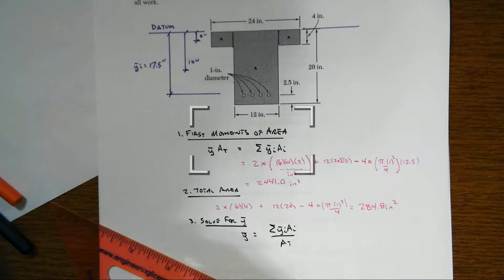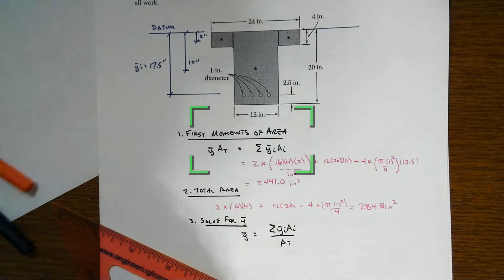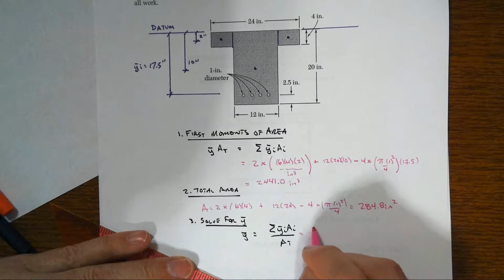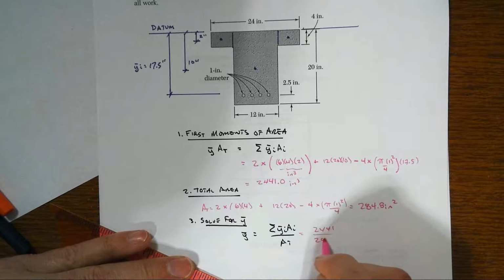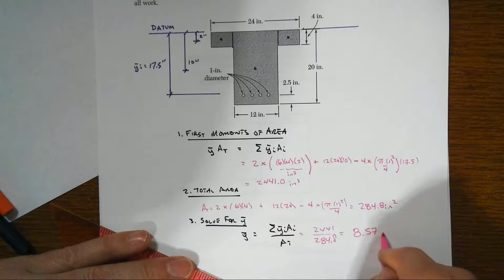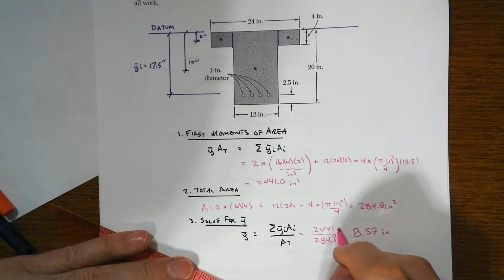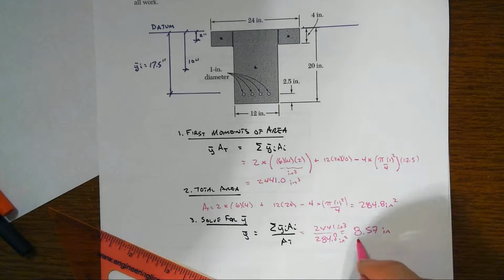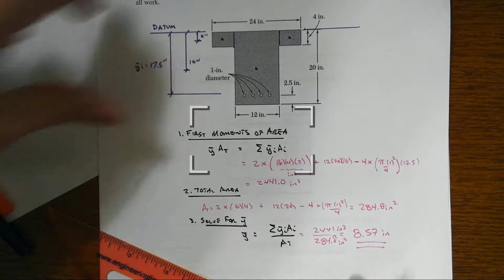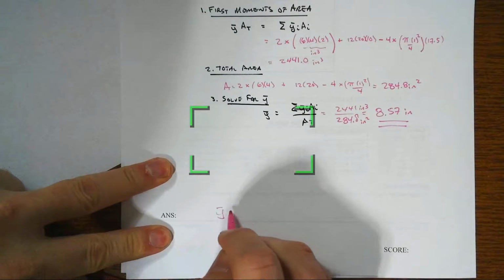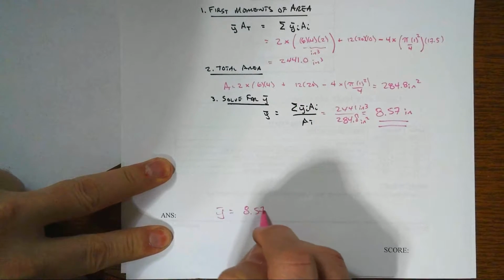That will equal 2441 divided by 284.8, and I'll get an answer that's 8.57 inches, right? Cubic inches over square inches, leaving us inches, and there's our answer for number 1 from the top. Y bar equals 8.57 inches.